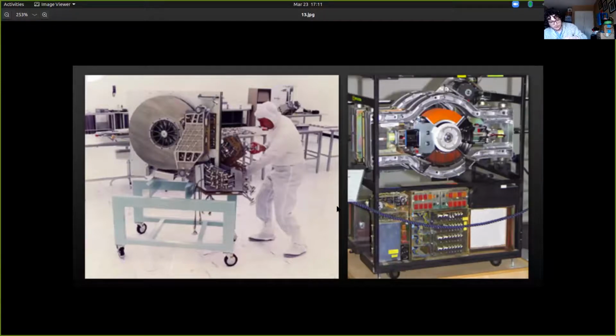I think it might be this one. Oh, nope, it's not opened up. But here's an older one. This is an old hard disk. This is what they look like. I'm sure you've seen these before. And here's a stack of smaller ones. So this is essentially what we're looking at here.